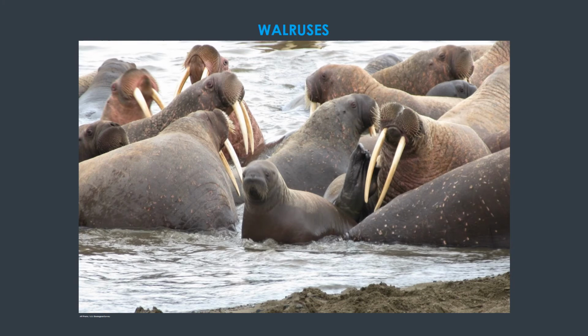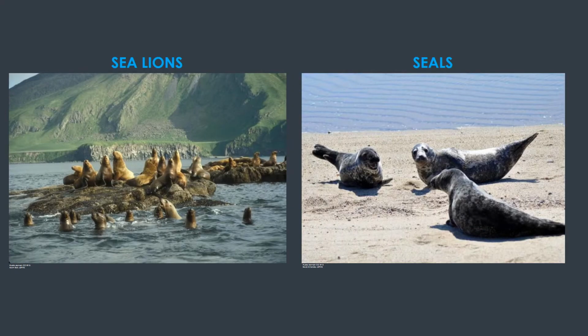Walruses can usually be identified by the presence of tusks, which both males and females have, but young do not, as seen in this photo. Here, you can see the difference between how sea lions and seals hold themselves on land.